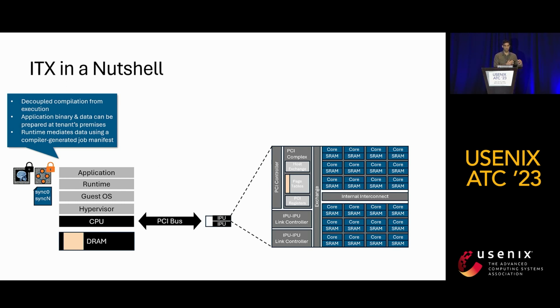What that means is that the tenant who wants to use the device in the cloud has access to the tool chain, and can take the TensorFlow graph or PyTorch, whatever you like, and compile the application binary, and pre-process the data set in the shape that the application binary needs to consume it. Then they just encrypt their code and data and ship it into the cloud. So all the runtime sees here is ciphertext.